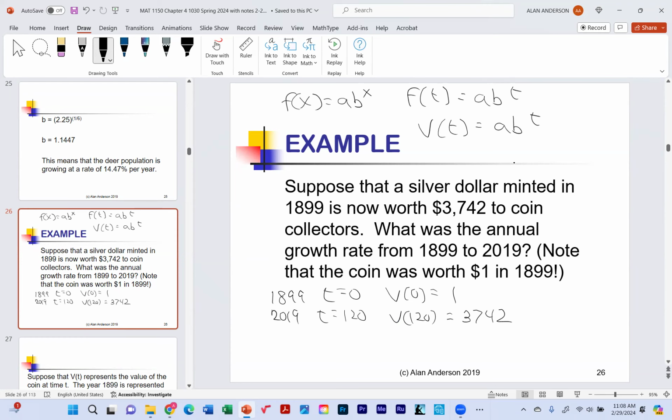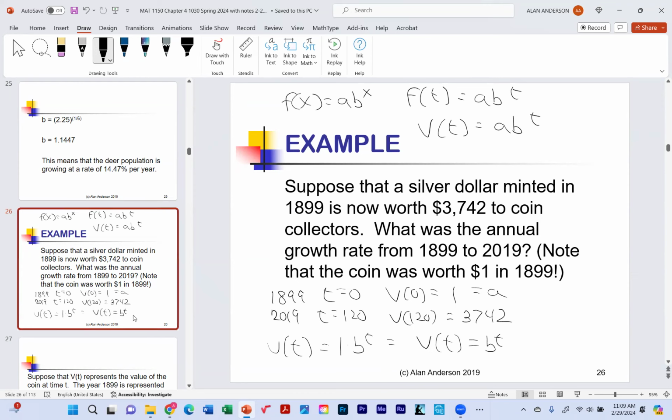And that should be enough to solve for the growth rate. In particular, we know that this is A. So this function can be written as 1 times b to the t, or just very simply b to the t.